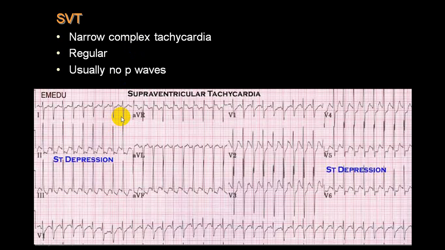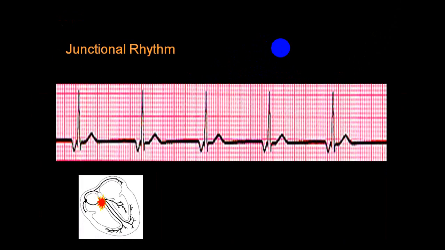The RR interval is absolutely regular, and being a narrow QRS complex, this is supraventricular in rhythm. Rate wise, this is tachycardia because there are 7 small squares between the RR, so 1500 divided by 7 comes to more than 200. So this is supraventricular tachycardia.